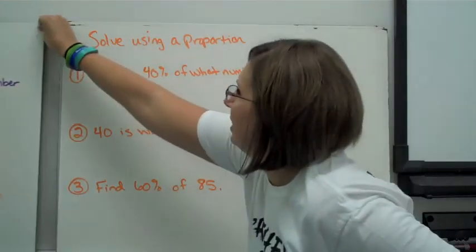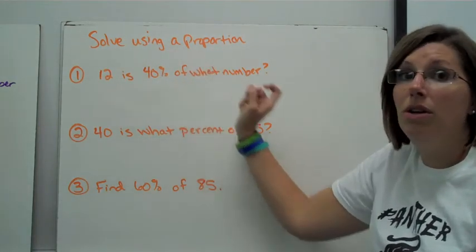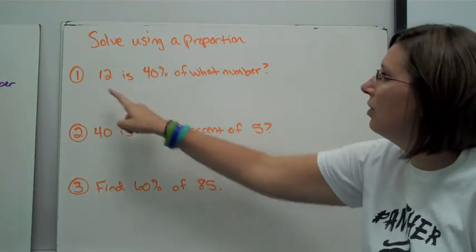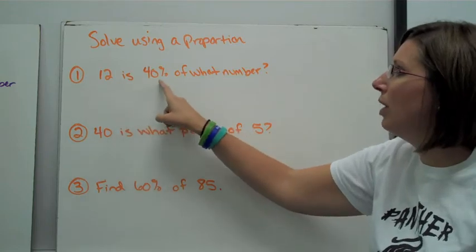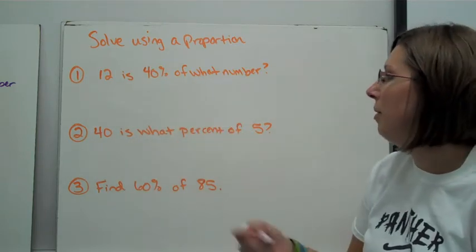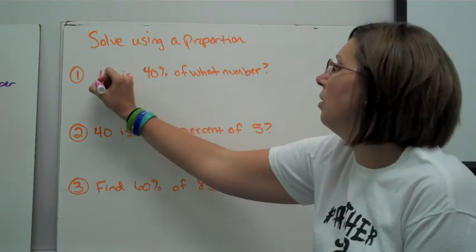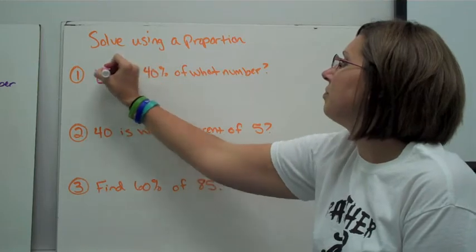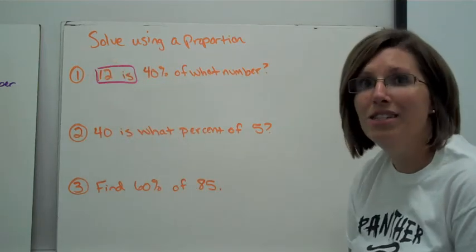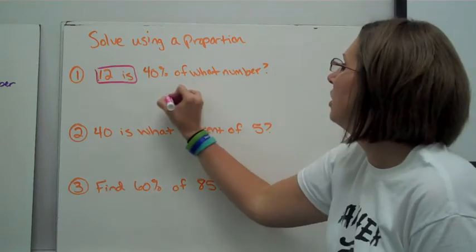Let's try a couple of examples. So we're going to set up a proportion here because that's what our directions tell us to do. The first question, 12 is 40% of what number? So I'm going to use my markers here to outline and circle the keywords and the numbers that go with it. 12 is, so that's going to be my is in my proportion.